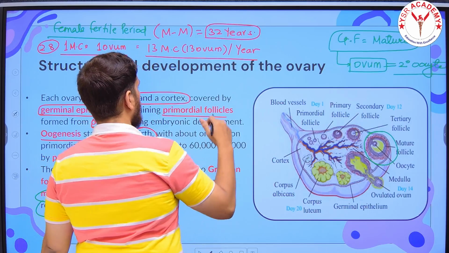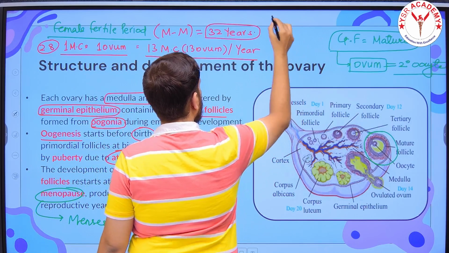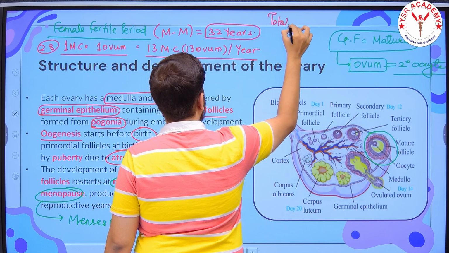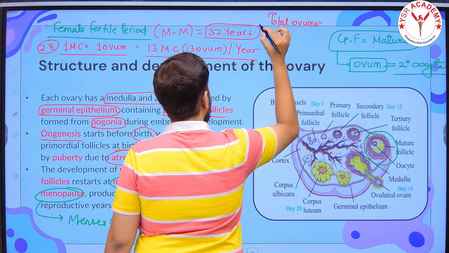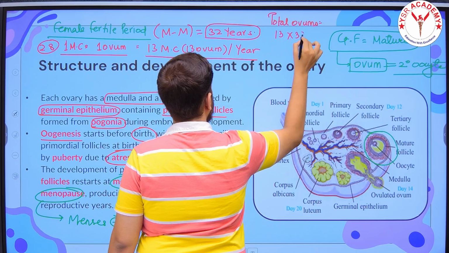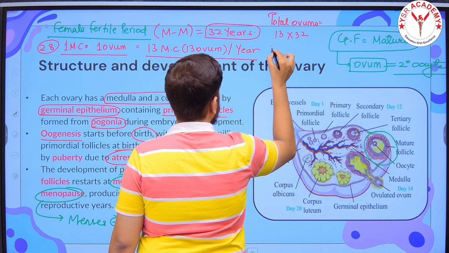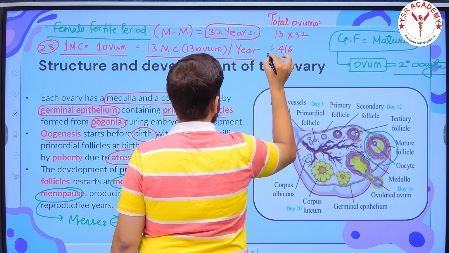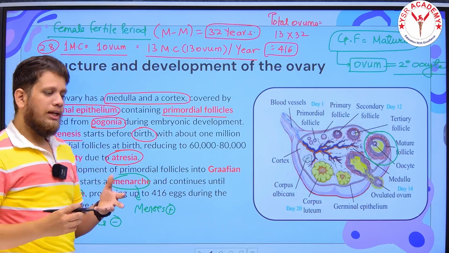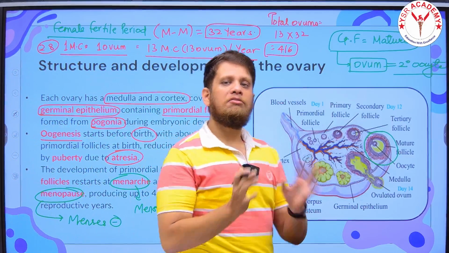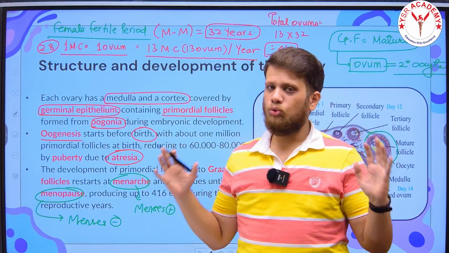So how many in 32 years? Now if you want to find out the total ovums released, it is the number of ovums per year into the total number of years, which equals 416. So this is the value that we have obtained. Obviously, the fertile period from female to female will vary. ये कोई fixed value होता नहीं है.